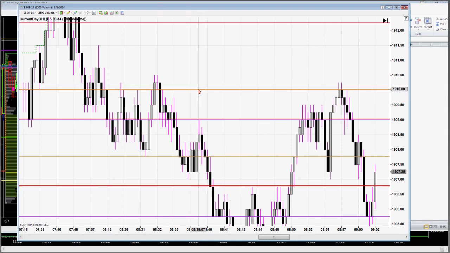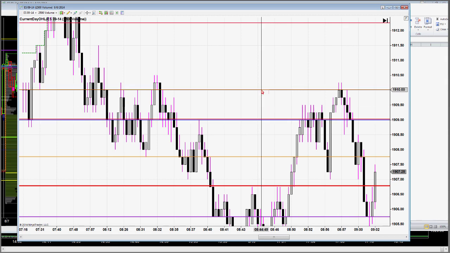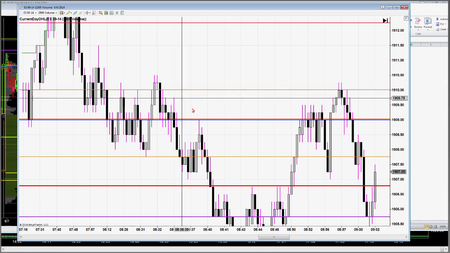Again, all I'm trying to do is understand my context from the previous day. For example, if tomorrow opens way outside of this area, then I might not even consider these opening swings an issue. But if it opens right on top of Friday's open, I want to understand: are we looking at the same potential interest level of these buyers and sellers? Might I have a day similar to Friday?